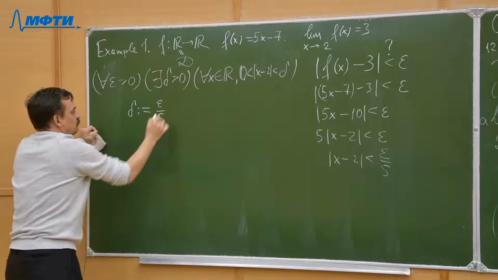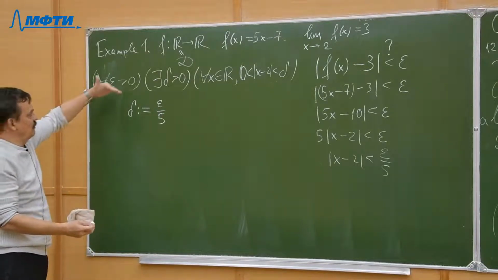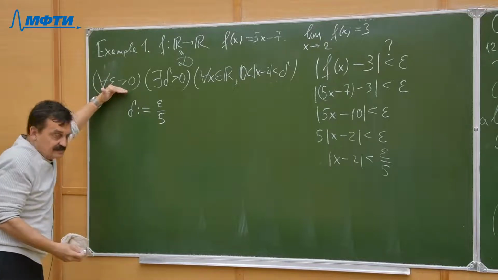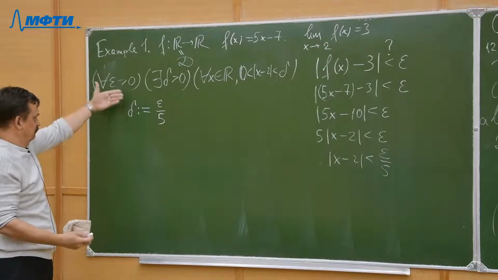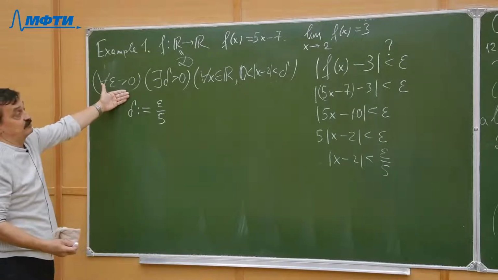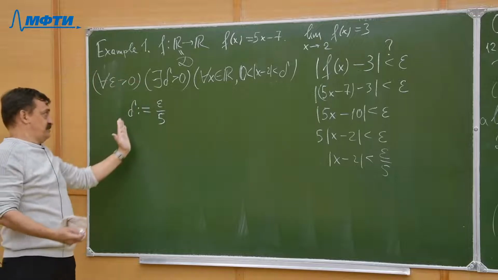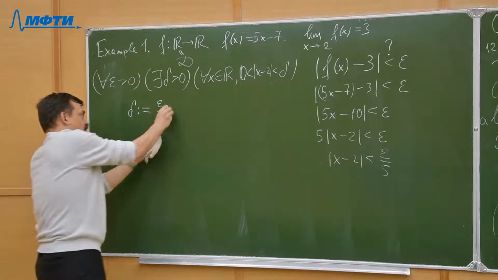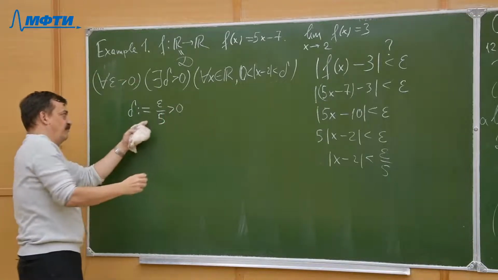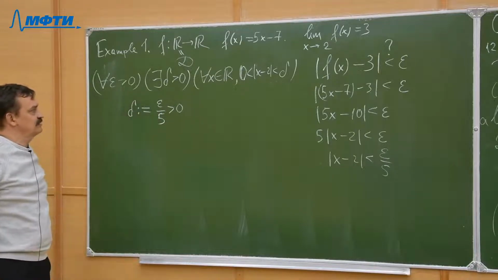Why? Because now look, given arbitrary epsilon greater than 0, there exists a positive number epsilon over 5, we denote it by delta. There exists this delta.